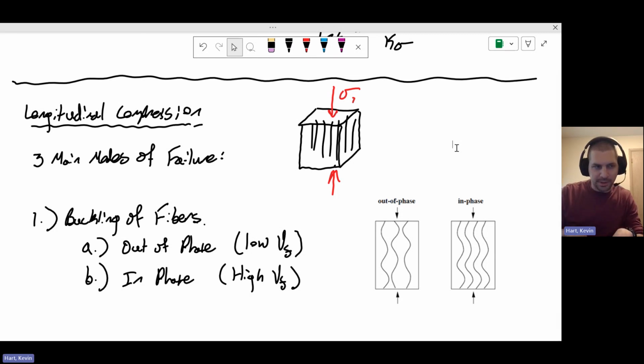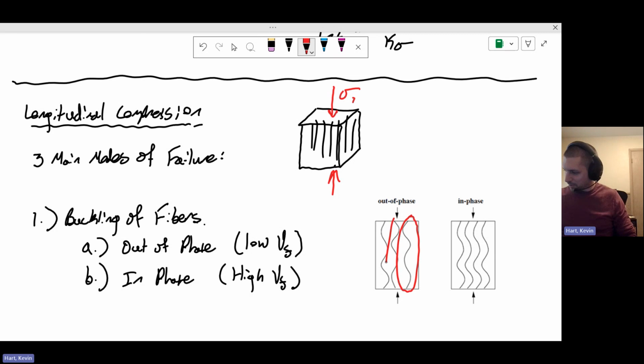You've probably seen buckling in your mechanics of materials classes, and so you start to see those mechanisms here with the fibers inside of the composite. When you put compression on the composite, you're putting compression on the matrix and on the fibers as well. Because these fibers are long and slender, they can actually buckle inside of the matrix material itself, which is kind of unusual.